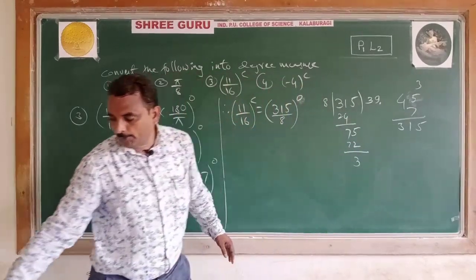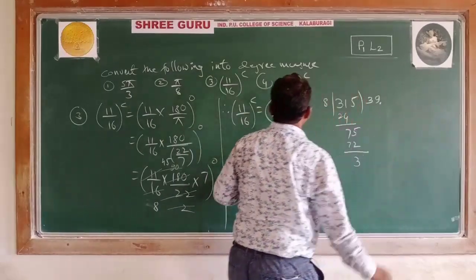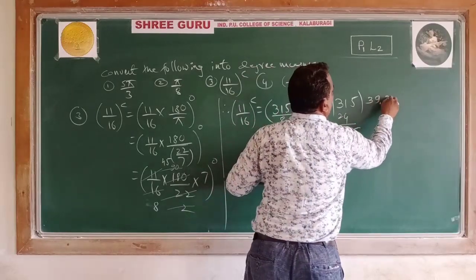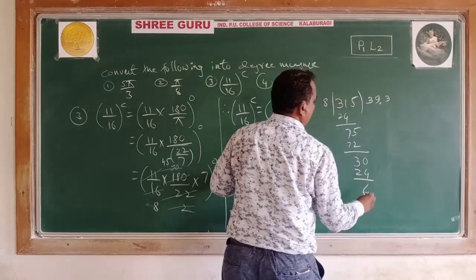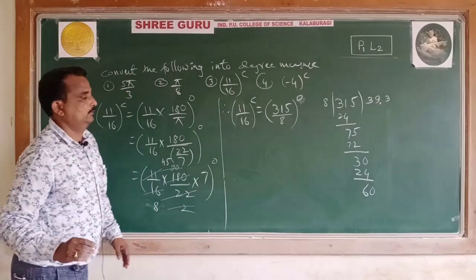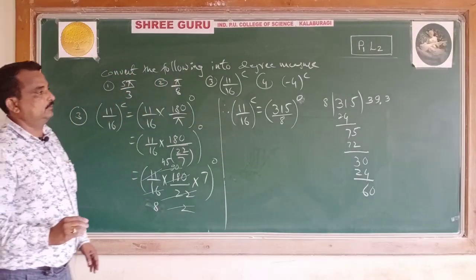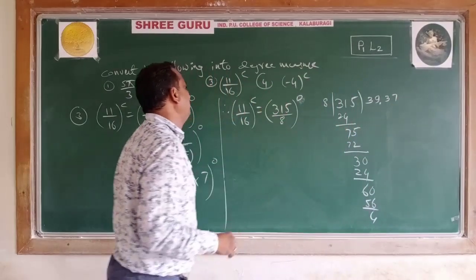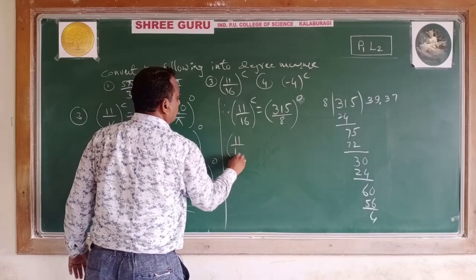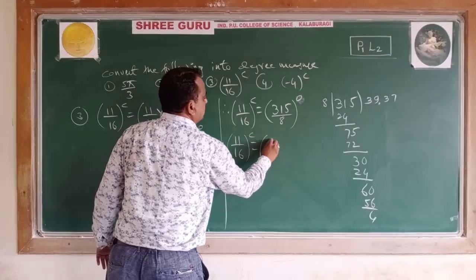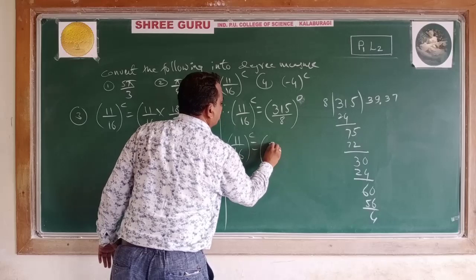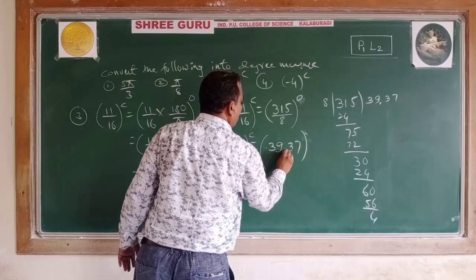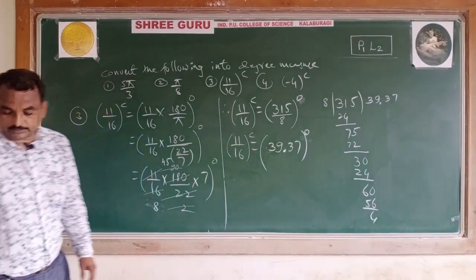Let us take the decimal point. 8 3s are 24, 6 remain. 7s are 56, 4 remains. Up to 2 decimal points you should take, students. 315 by 8, how much does it become? 39.37 degree.